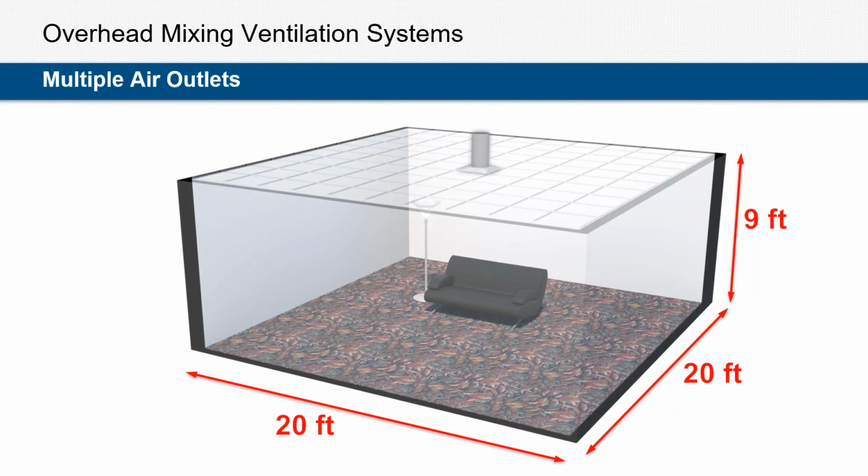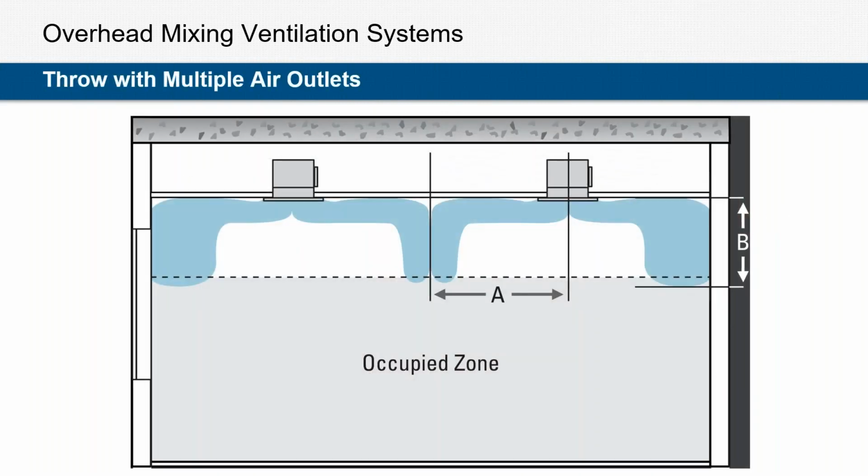Depending on what's happening in the space, sometimes you need more air changes per hour. Sometimes, the loads or the number of people in that space are going to dictate needing more diffusers. So if we have that same space and now we're going to 4 diffusers, we're going to use a similar approach when we have multiple outlets, and that horizontal airflow pattern collides, the air will be directed down towards the occupied zone.